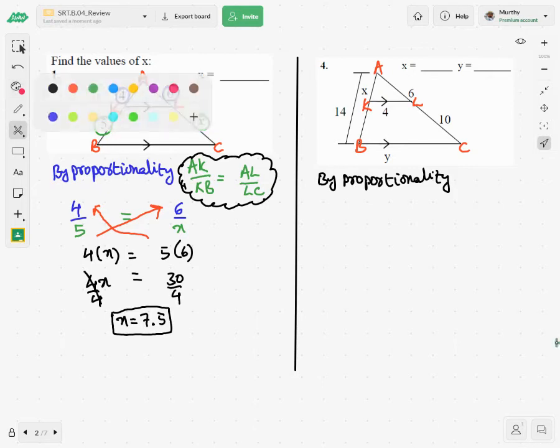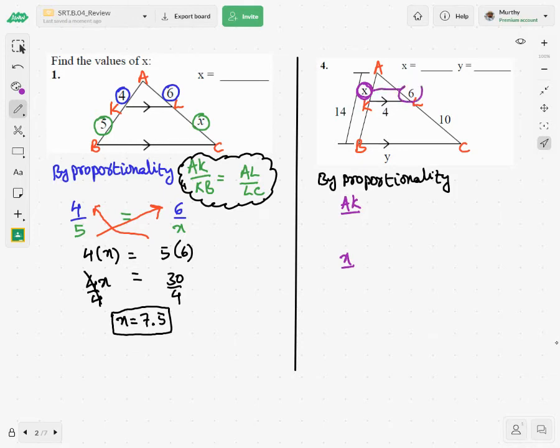Here, I see that, as I told you in layman's language, the upper portion is given, which is x, right? So let me write that, that is AK over. Now, the corresponding value is also given here.